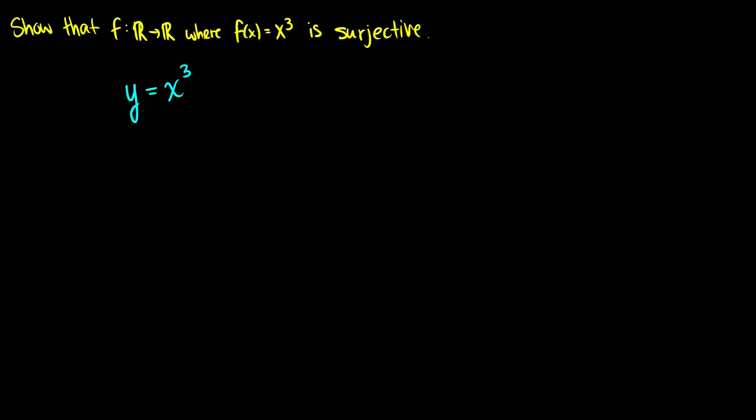So what we can do is take the cube root of both sides. So the cube root of y is equal to x. And here's the question: is the cube root of y in the real numbers? And yes, it is.